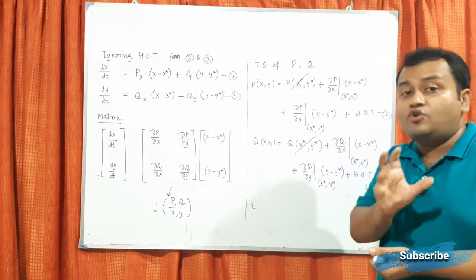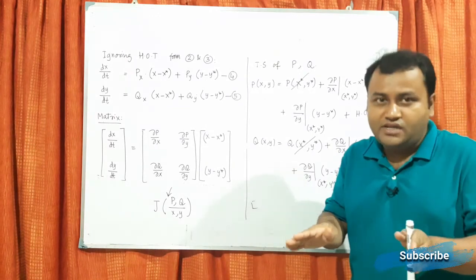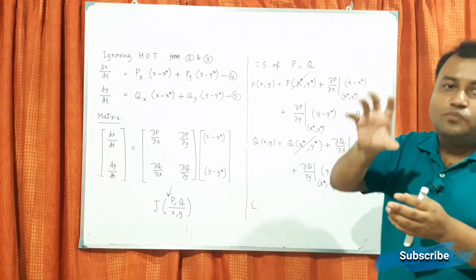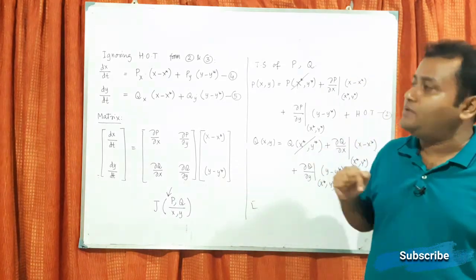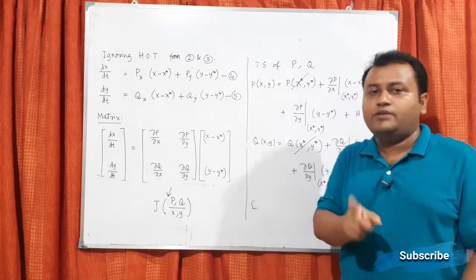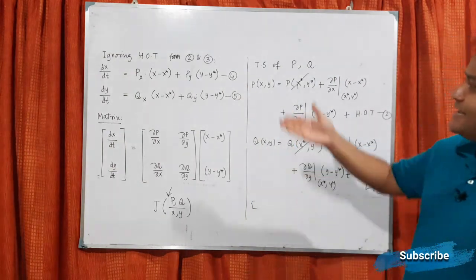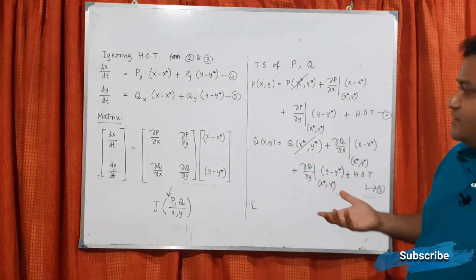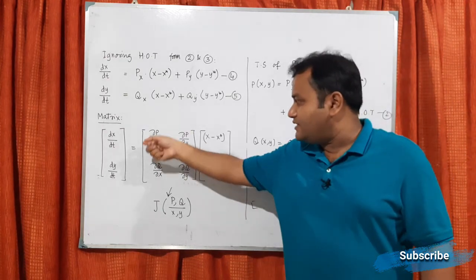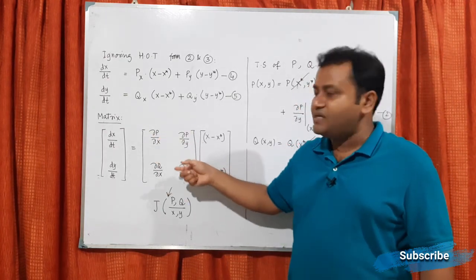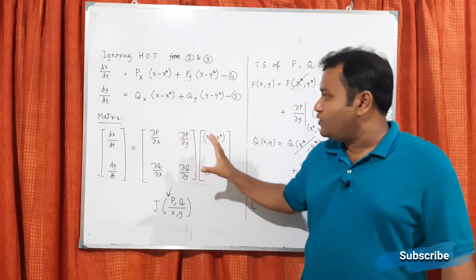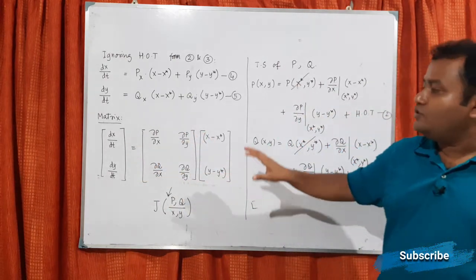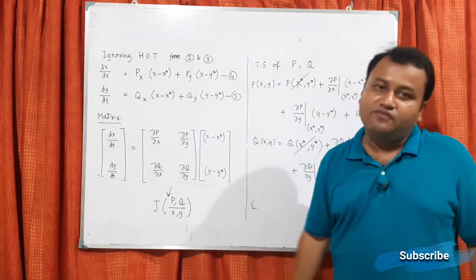That conversion is not valid for all the points. That conversion will be valid in a small neighborhood around the equilibrium point. So our first job will be to find an equilibrium point, say (x*, y*). Then simply we can calculate the Jacobian at the point (x*, y*), and we can write this matrix form which will be the equivalent linear form.